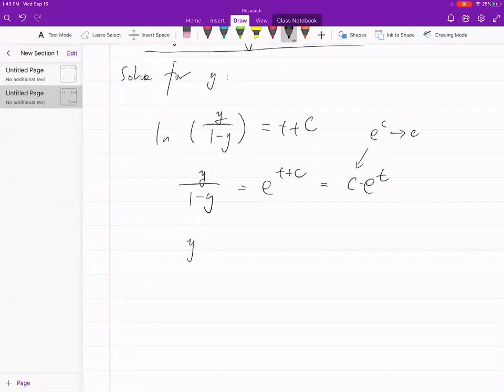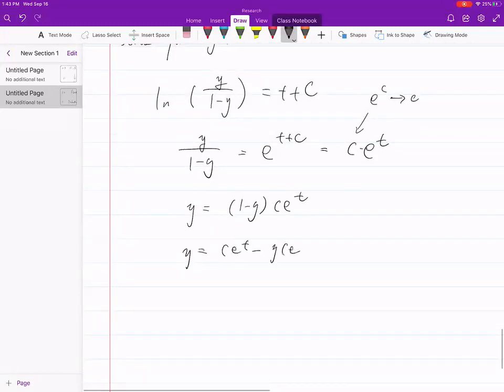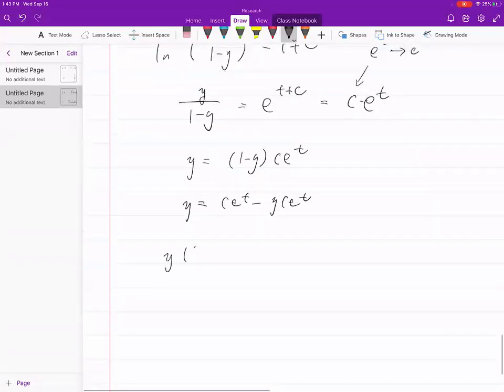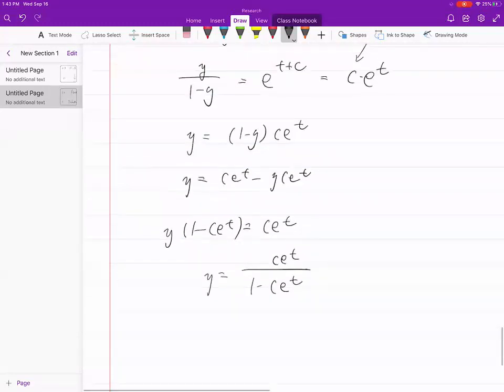And then y equals 1 minus y times c e to the t. y equals c e^t minus y c e^t, y times (1 minus c e^t) equals c e^t, and finally your y equals this. Take it back, it's plus.